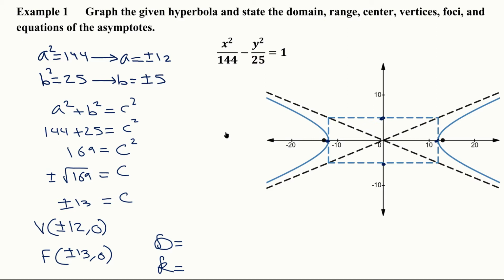So basically negative infinity all the way to negative 12, and you include the negative 12, so you'll want a bracket, union, and on this side from 12 onward, bracket 12 to infinity.